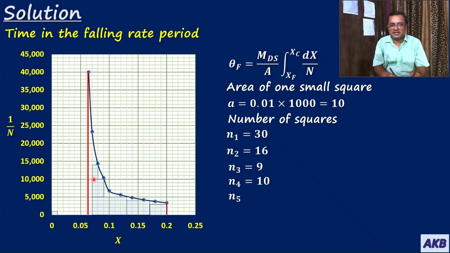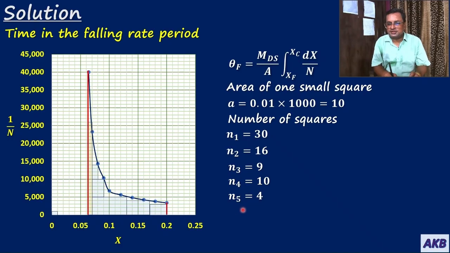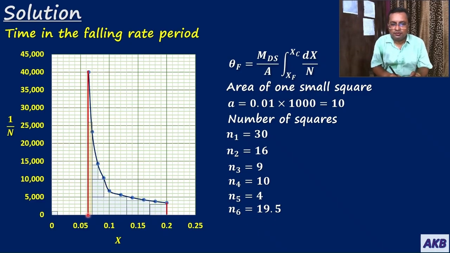Then next I have selected this region. Within this region the number of small squares is 4. And then I have selected this region, and I have found out that within this region the number of small squares is 19.5, because within this orange strip we have 75% of the square.